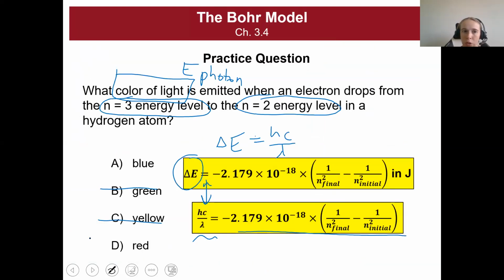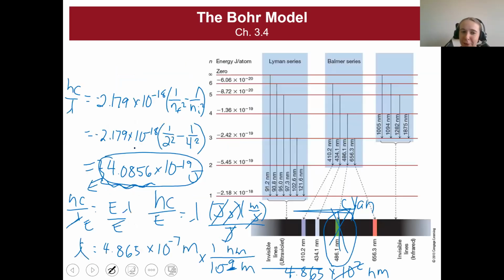So my question, oh my goodness. I'm sorry. I really wanted it to be that cyan line, apparently. Let's just pretend the question was asking about n equals 4 to n equals 2, because I got that wrong. I'm sorry, guys. But I solved it correctly for when it goes from 4 to 2.